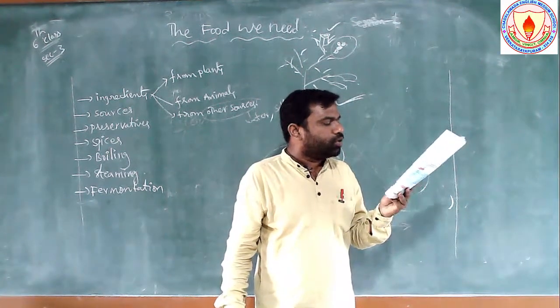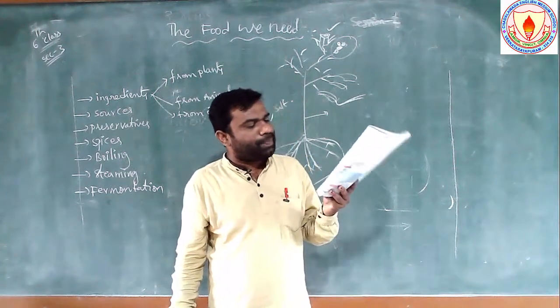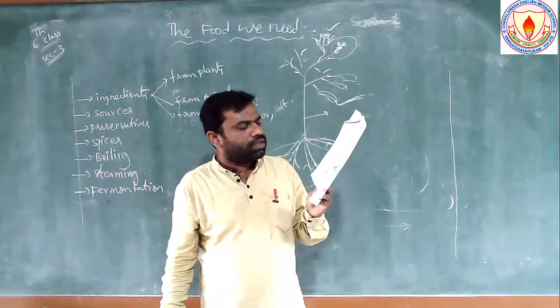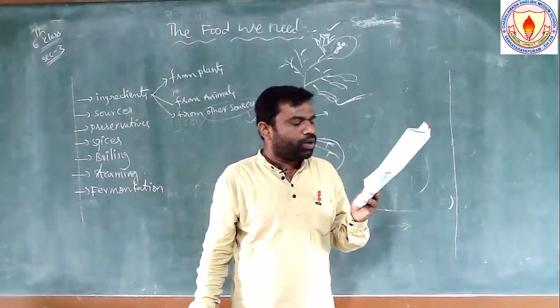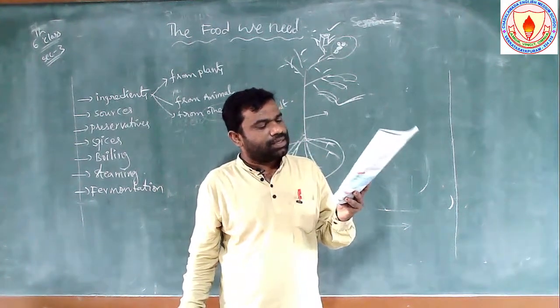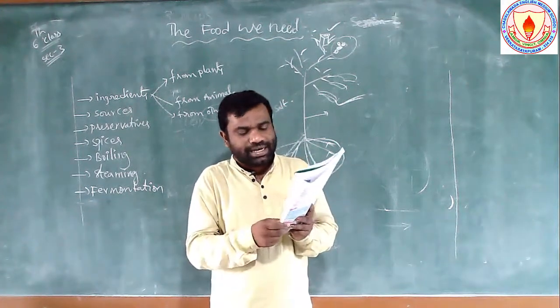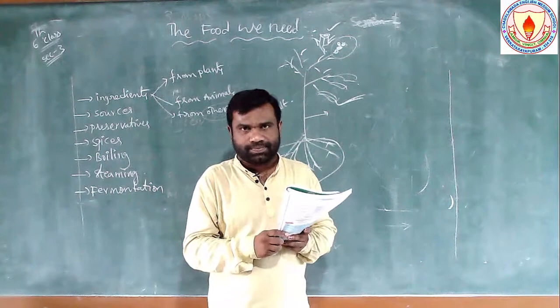Spices are included in a variety of Indian dishes: cardamom, black pepper, curry leaves, cumin and coriander seeds, turmeric, cloves, ginger, nutmeg and cinnamon. So these are the different Indian spices.